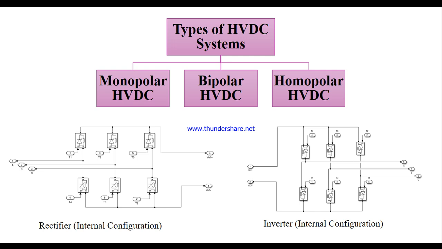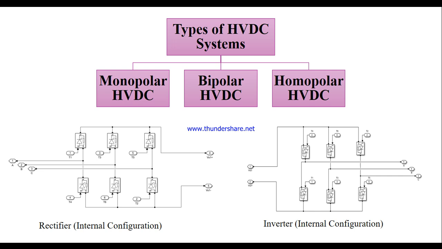They open and close in sequence from 1 to 6 with a 60-degree phase shift between each. After adjusting the firing angles alpha 1 and alpha 2, our control system regulates the voltage to maintain a transfer power of 100 megawatt.